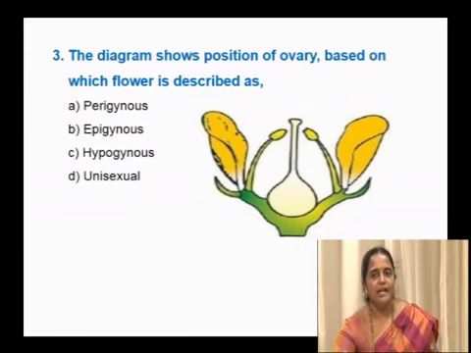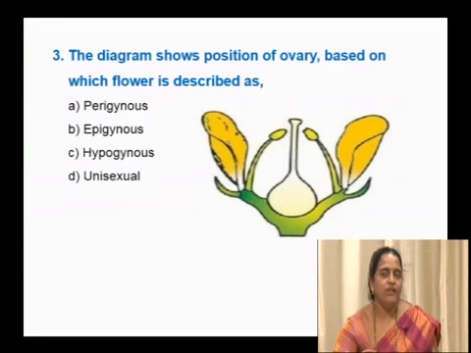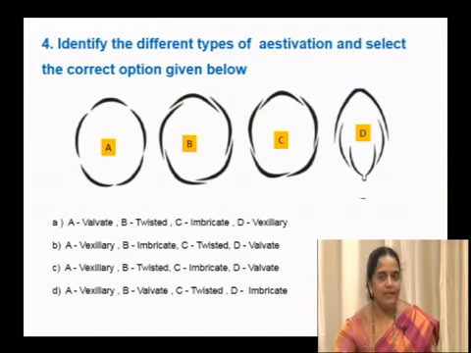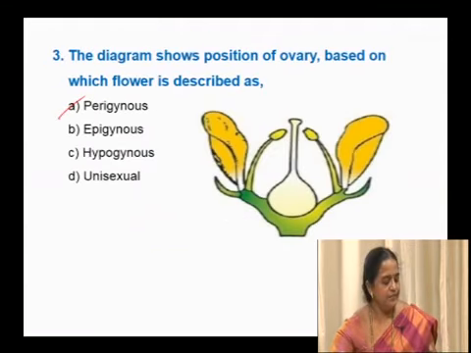In the given diagram, the position of ovary, if you see on the thalamus, it is at the rim of the thalamus, where the attachment of stamens, calyx and petals and the ovary are at equal level. So, this kind of position we call half inferior, half superior. So, the correct answer is perigynous flower.